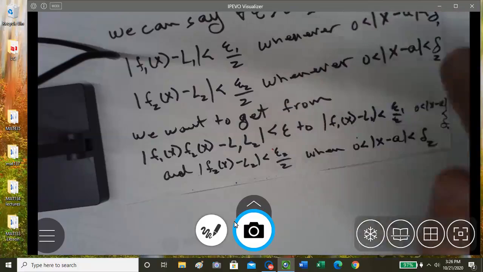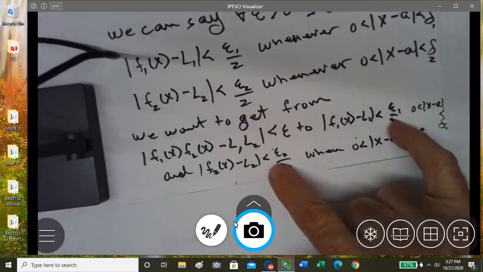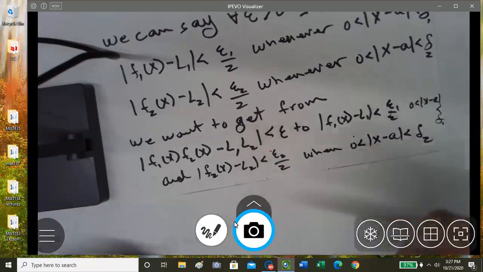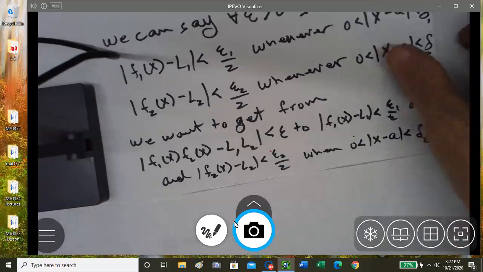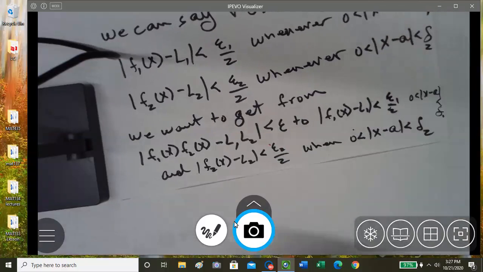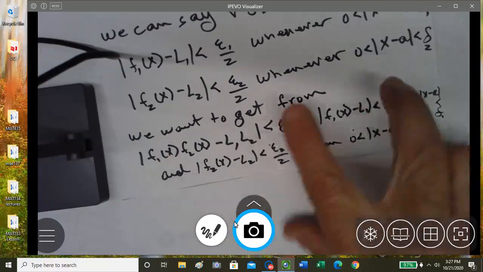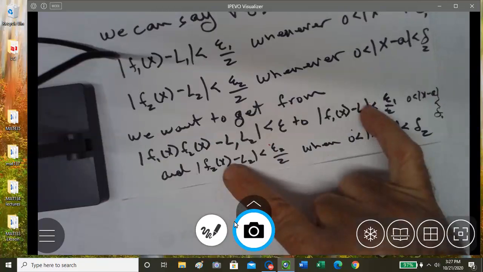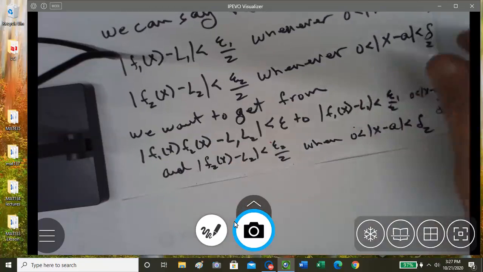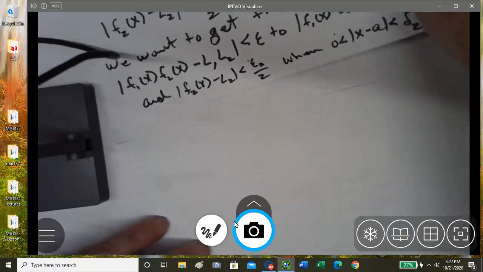So again, when we can get these two to add together and get epsilon, the product is less than epsilon, then we've proven it. The idea here is we've got to go from a product and split it into two separate ones, and then from there we can figure it out.